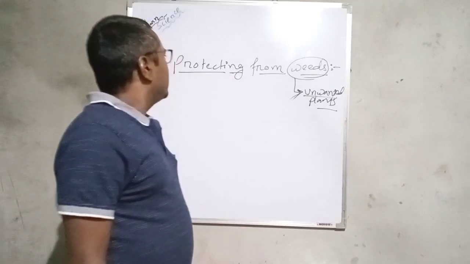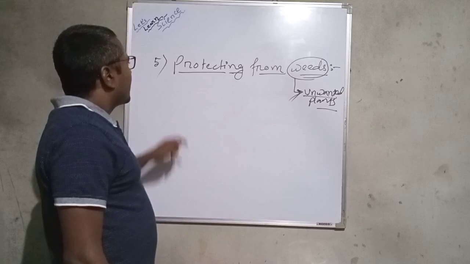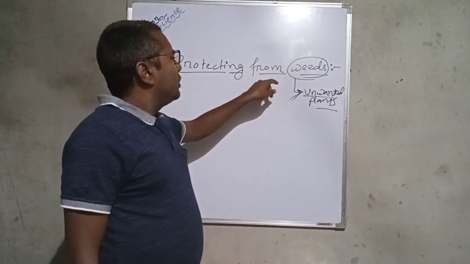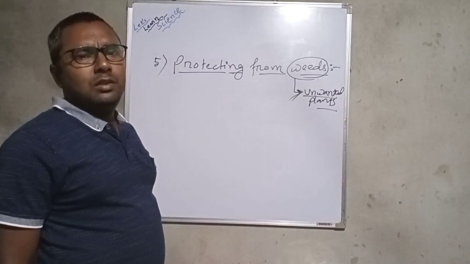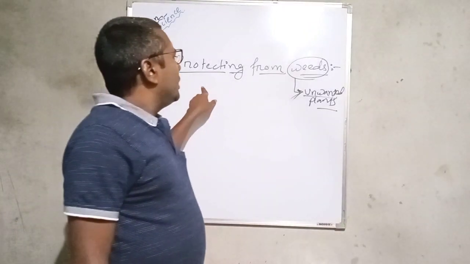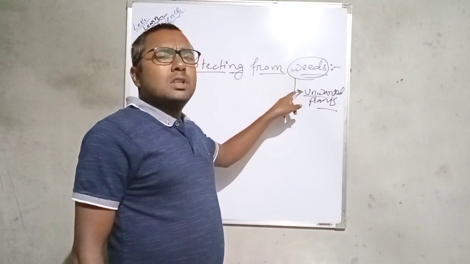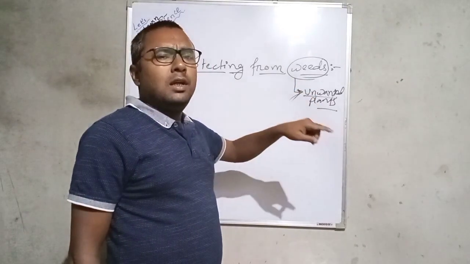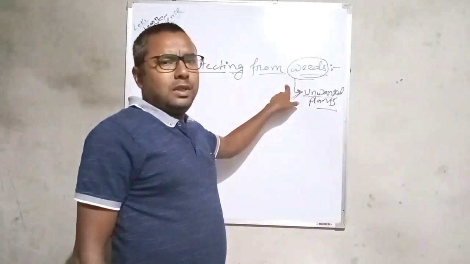Now let's see how weeds are removed from the agricultural fields, or let's see what the process is that is involved for the removal of weeds from the agricultural field.